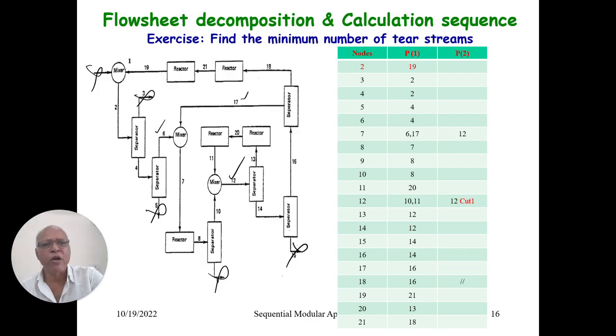When you eliminate all the streams excepting 7 and 12, now 6 is eliminated. So I should be writing replace 6 with 4. But unfortunately even 4 is eliminated, so I cannot replace 6 with 4. What is the precursor for 4? 2. I cannot replace 6 with 2 because 2 is also eliminated. The precursor for 2 is 19.